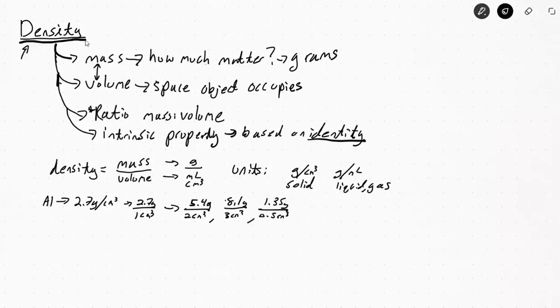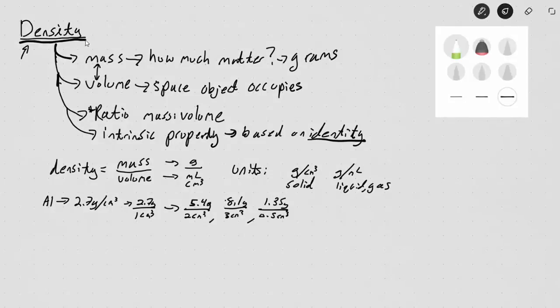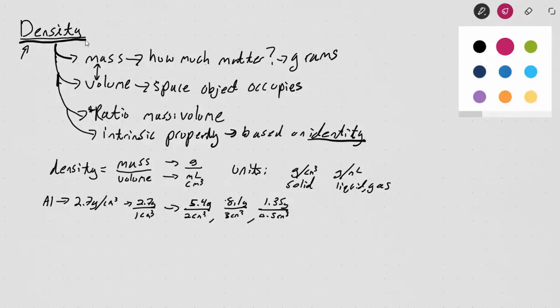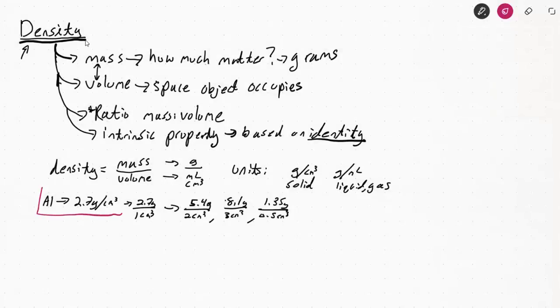If you know that the substance is aluminum, you know what the mass to volume ratio has to be. It has to be 2.7 to 1, which means that if you know density and mass, it's easy to find out what volume is.